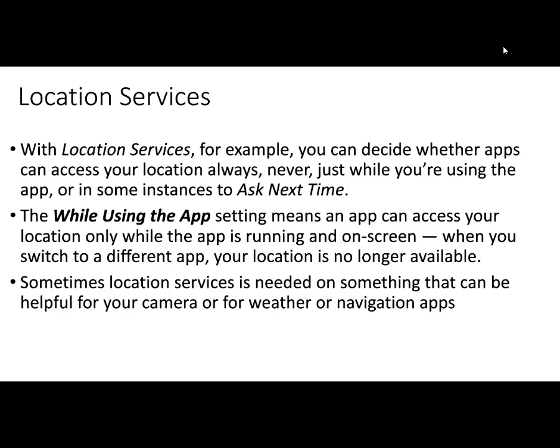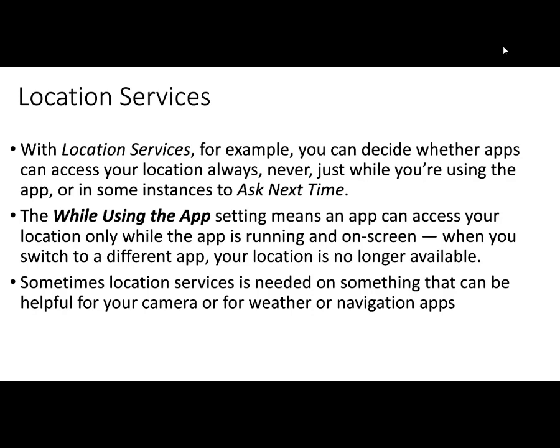So this is another type of permission, but this is location. Before I talked about your applications having permission to use your camera and your microphone. Well, this is applications asking you to use your location to see where you are.